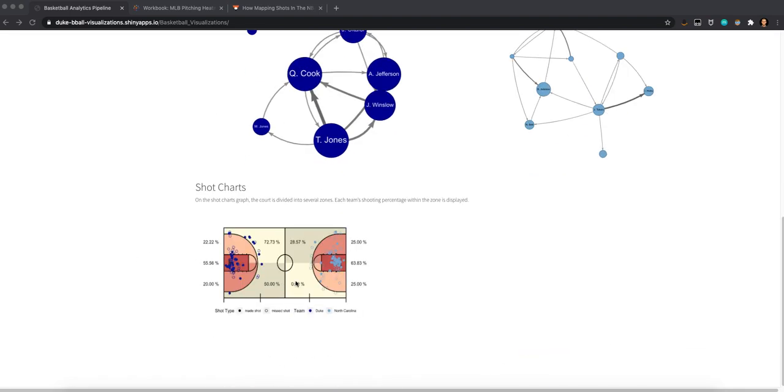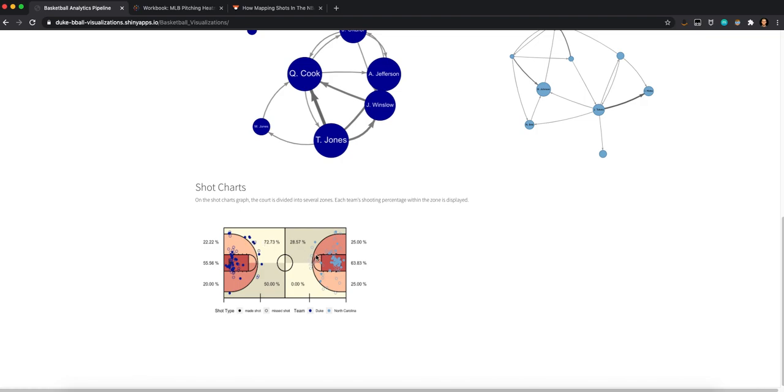And if we come down here, this little graph is showing the probability that the teams make the shot in different areas. So you can see that the dark blue, which is Duke, is much more likely to shoot from the right-hand side, and actually to make a shot from this side. They're 50-50 on this side, but if they're on this side, their chances are better.